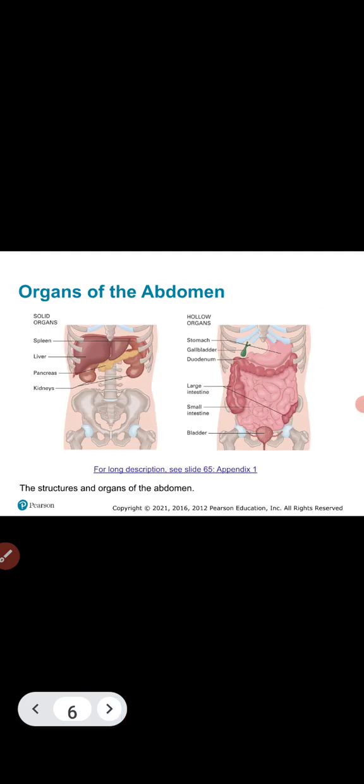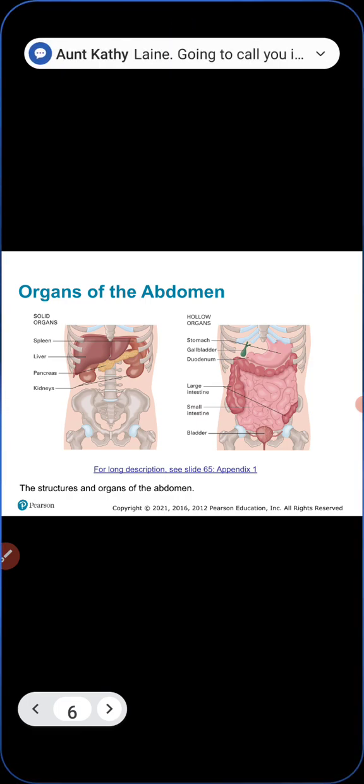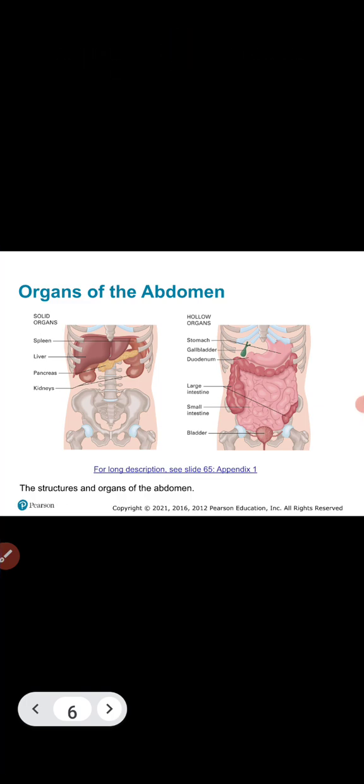So it kind of helps guide, but knowing those internal organs is key. On this slide, you can see where some of the different organs are located. And knowing the location, like we talked about a couple chapters ago, is going to make this job a lot easier.